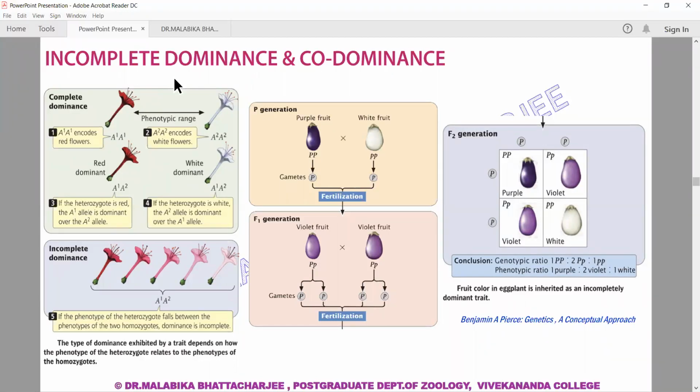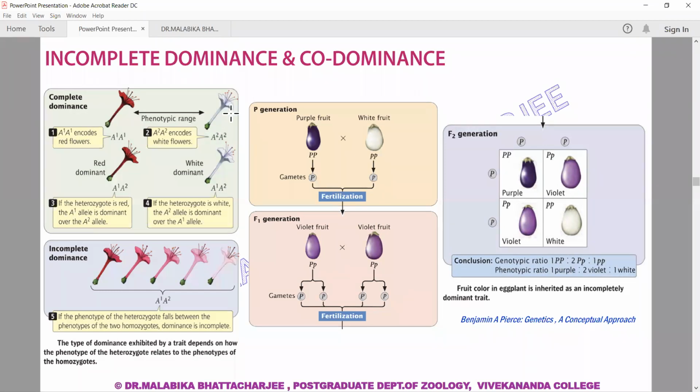Now let's look into this picture and compare the situation. This is an example of complete dominance, and you can see this is A1 which encodes the red color. So this is a gene A1, and this is A2 which encodes a white color.